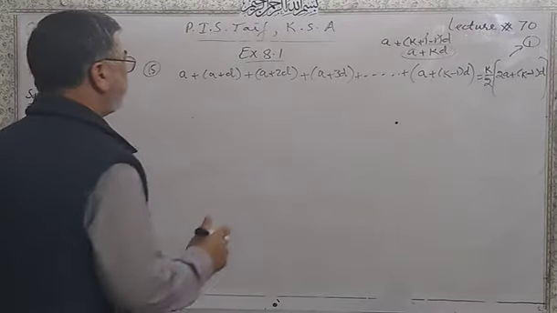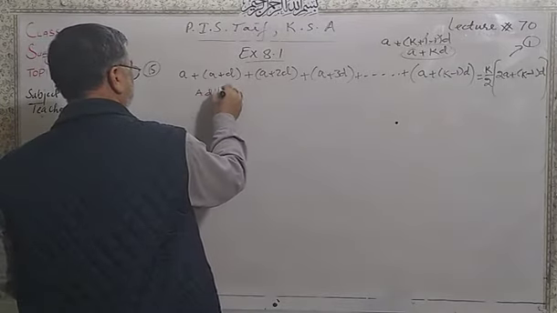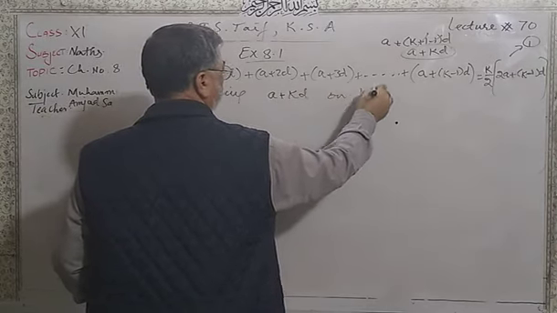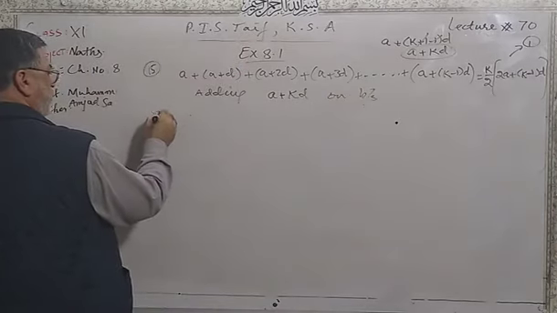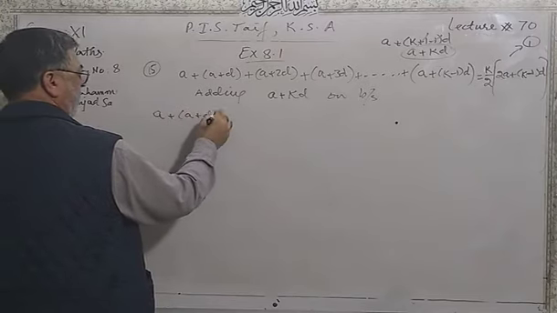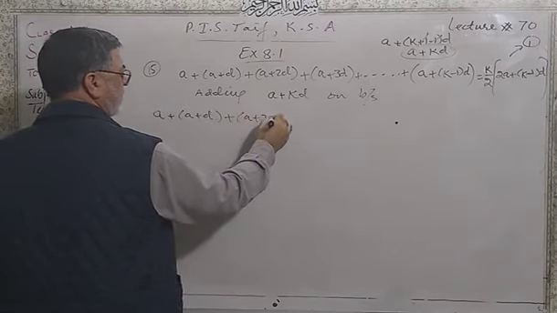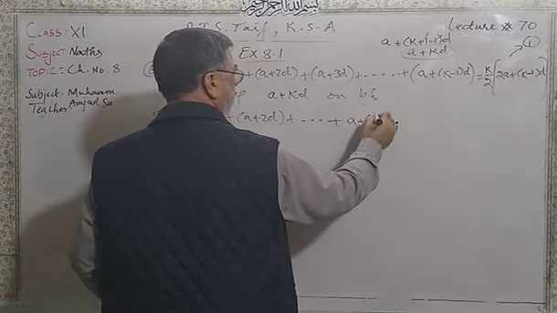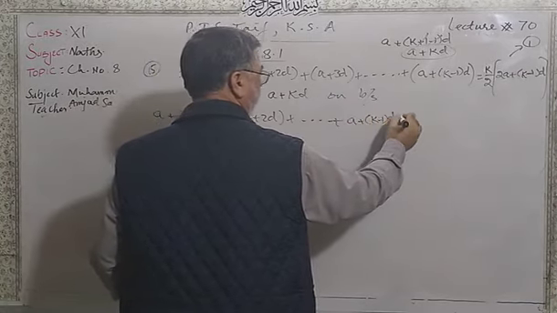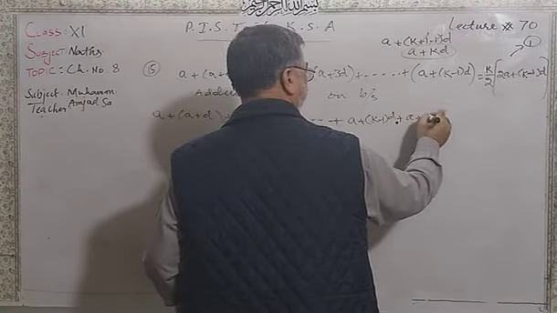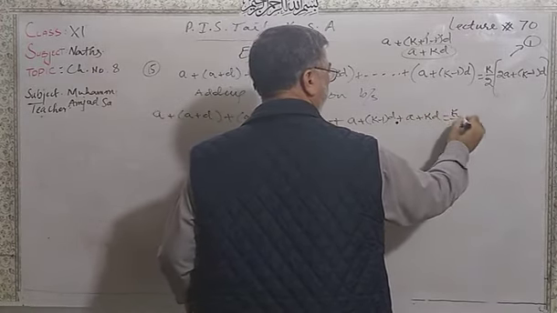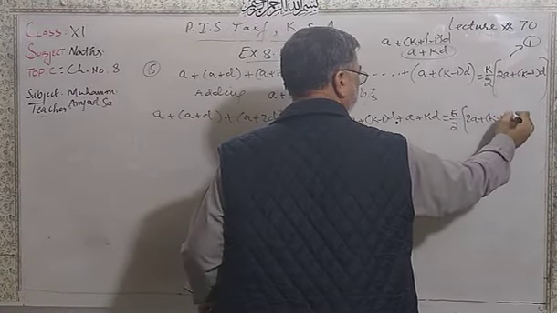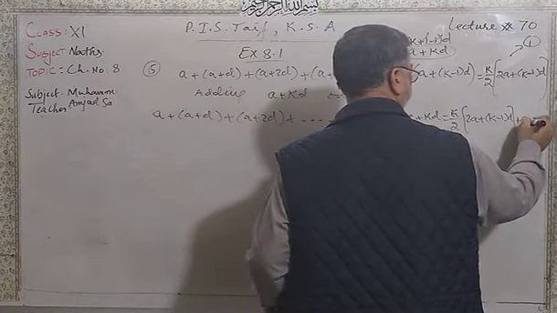So here is adding a plus kd on both sides. So we will have a plus d plus a plus 2d plus so on a plus k minus 1 into d, a plus kd. That will be k over 2 into 2a plus k minus 1 into d plus a plus kd.